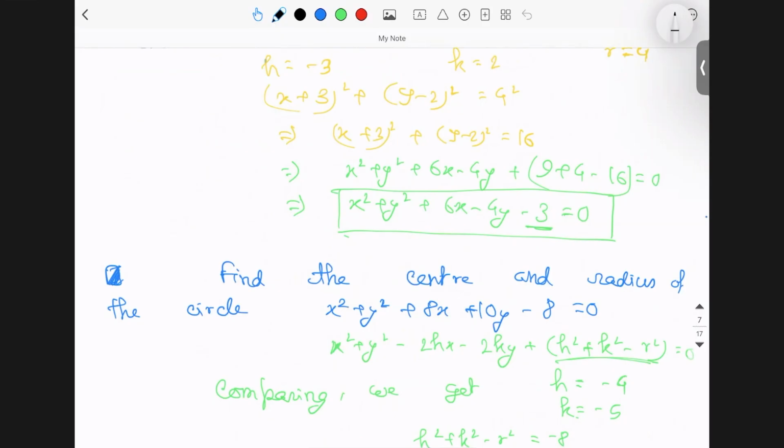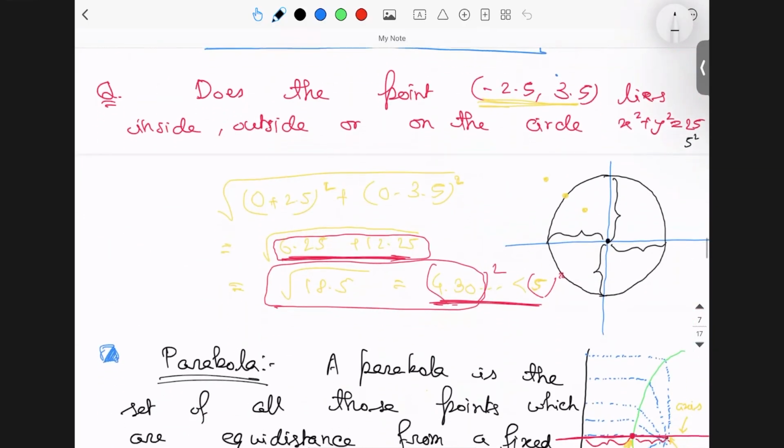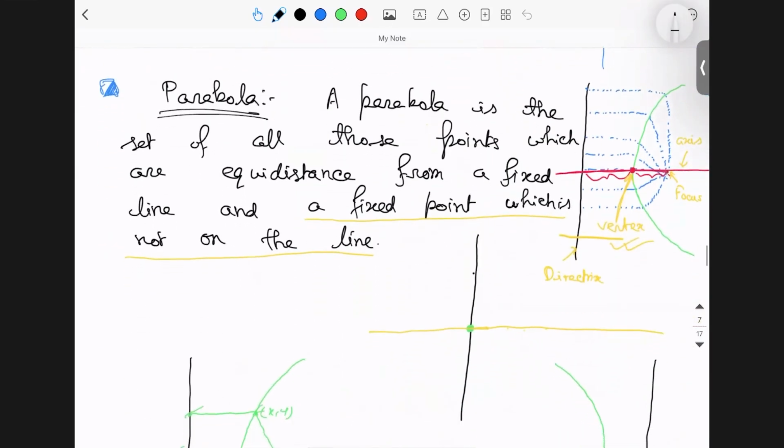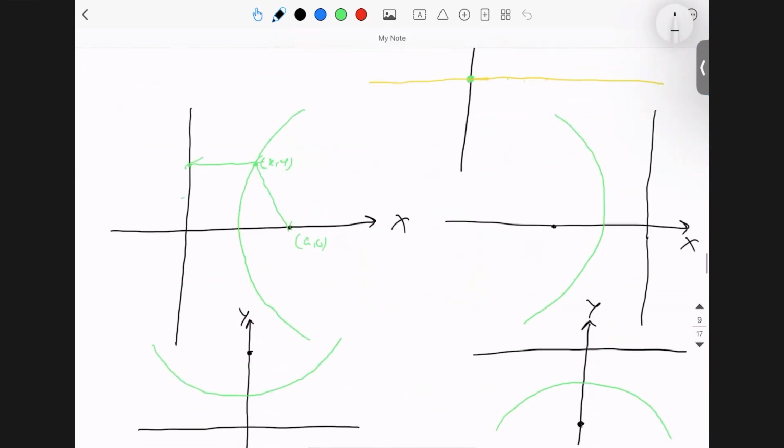All this we discussed in the last class. After that, we saw some definition of another conic section, that is the parabola, and how we can get a parabola geometrically.